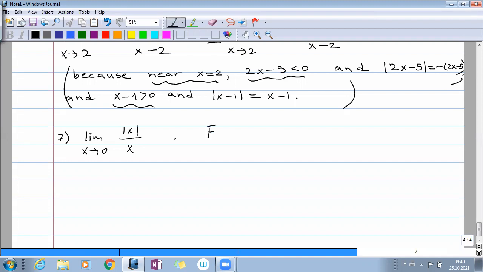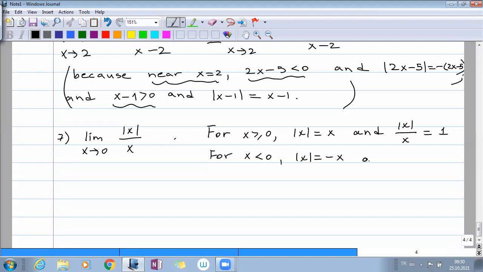Now, for x greater than or equal to 0, absolute value of x is equal to x, and absolute value of x over x is 1. And for x less than 0, absolute value of x is minus x, and absolute value of x over x is -1.